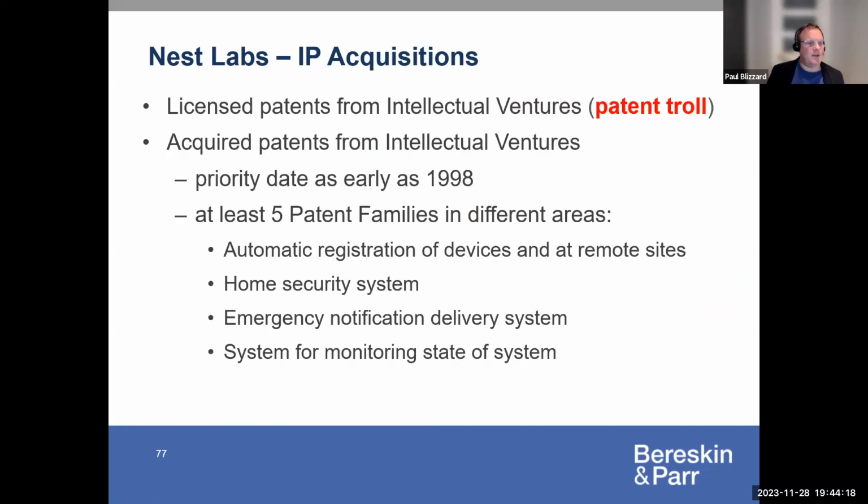As I mentioned, they did a lot of work licensing and acquiring patents. These portfolios had early priority dates, so they were able to build a stake in a patent portfolio themselves without actually writing it. And there's a description of the different areas that the patents were directed to.